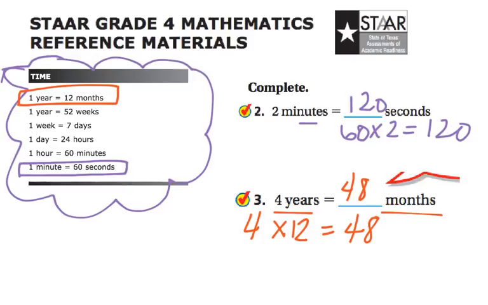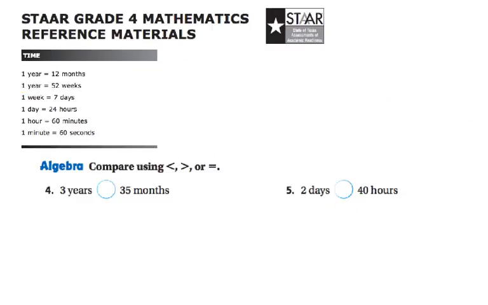All right, let's move to the next problem. This time, we have 3 years, and we're comparing it to 35 months. We're trying to see, is it less than, greater than, or equal to? I'm first going to convert 3 years to months.